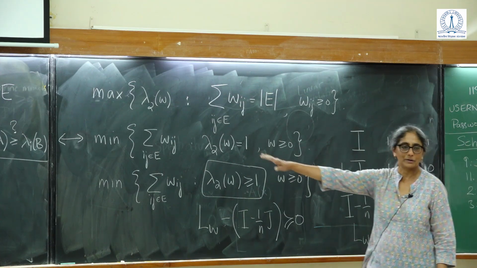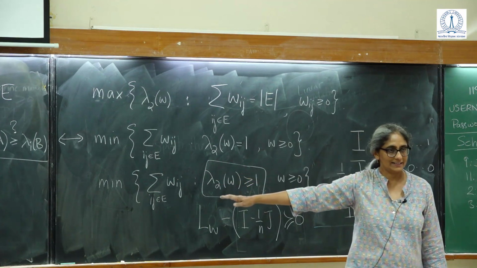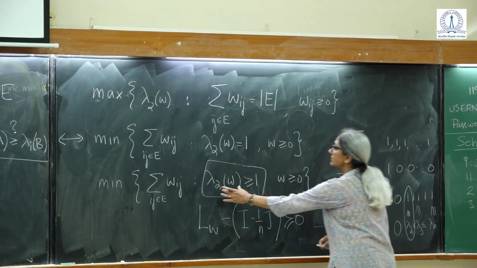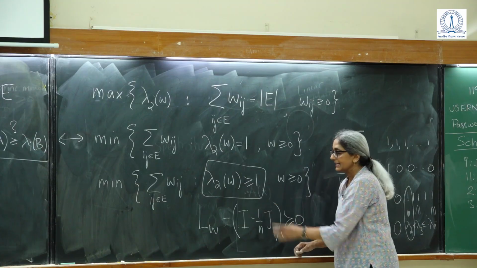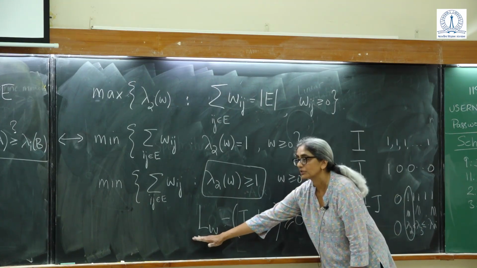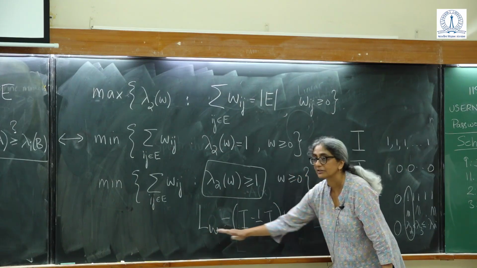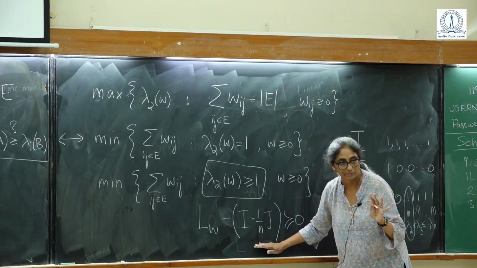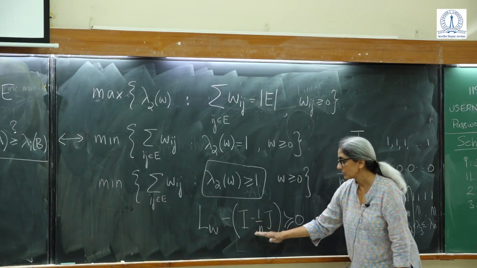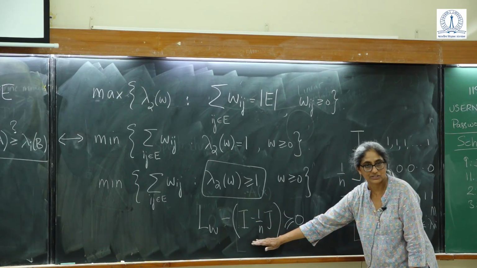So hopefully you bought my argument there, right? That the eigenvalues are one by one greater. So I claim that if I want lambda 2 to be greater or equal to 1, it's enough to write this. Because this is forcing you to make sure that, okay, they both have 0 eigenvalue to start with. There's no problem. This has lambda 2. It'll be greater or equal to the second eigenvalue here, which is 1.